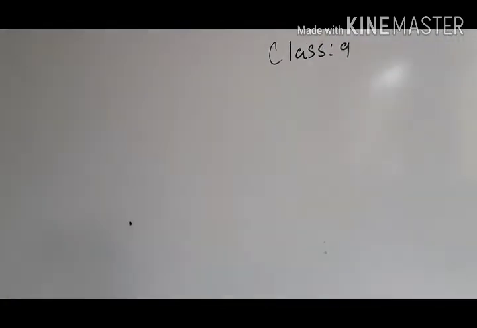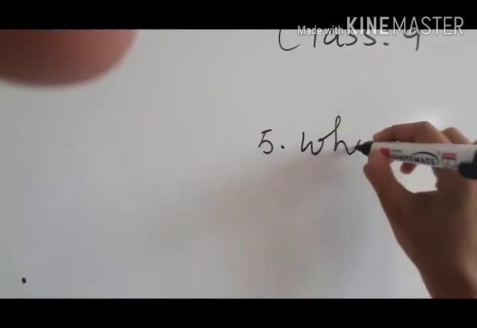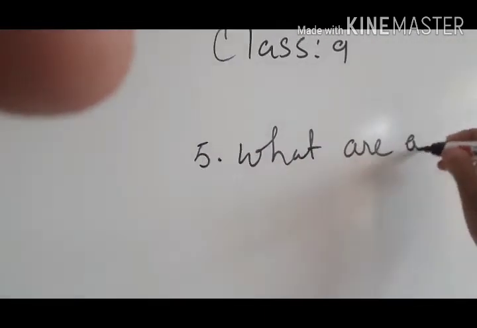What are alloys? So children, when we talk about alloys, alloys are mixtures of. Now the fifth question is, what are alloys?